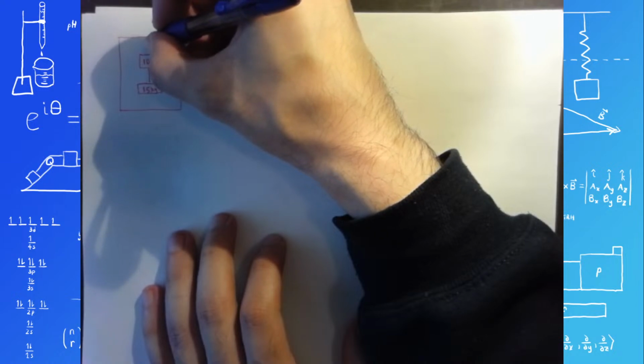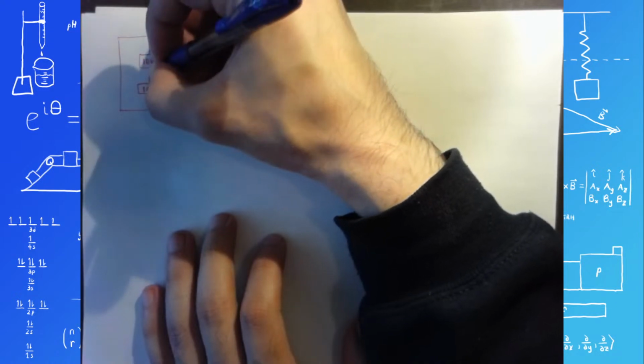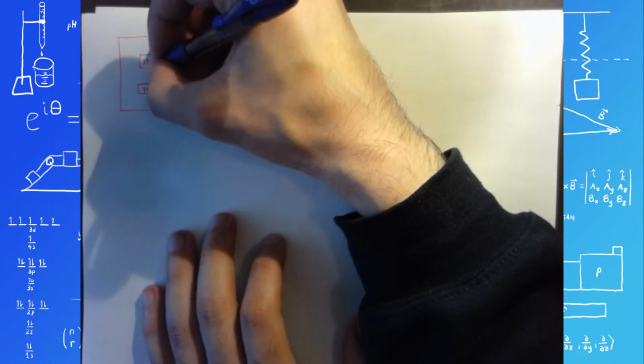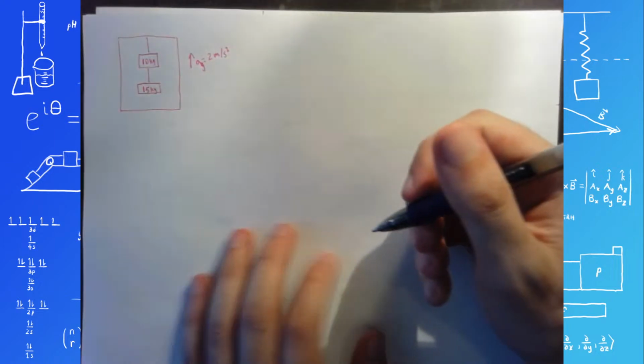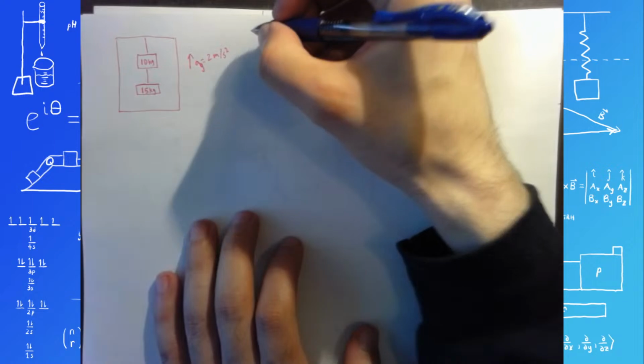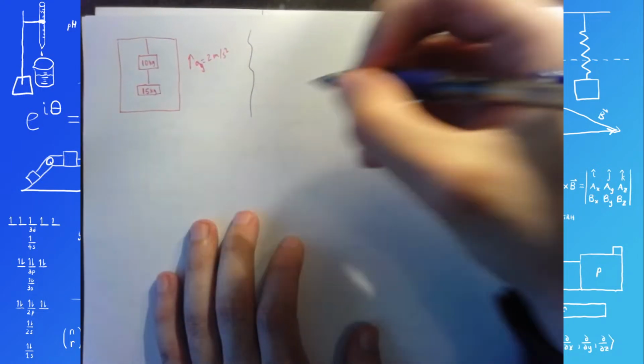But yeah, we've got two ropes, so they're going to have two tensions in them. I'm going to call this rope 1. The top rope is going to be rope 1, while the rope between the 10 and 15 kilograms will be rope 2. So we need to find, let me draw the diagrams first.